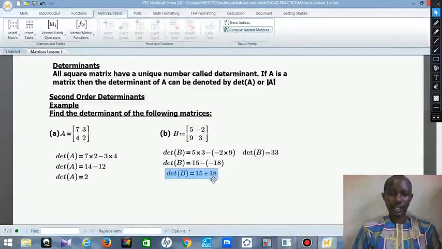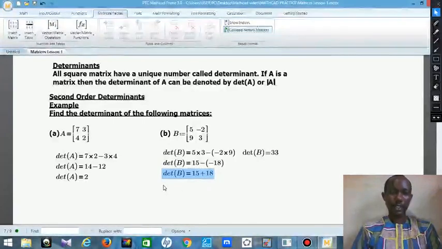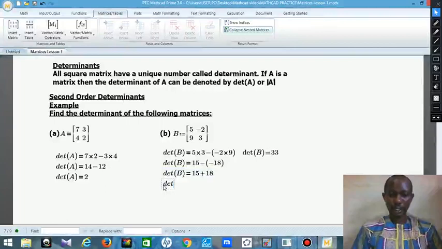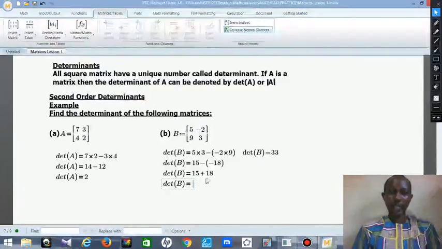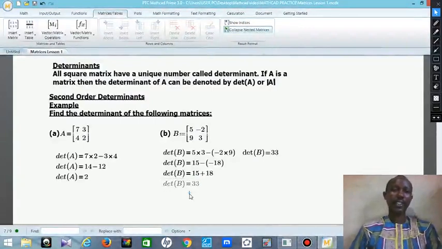Then the next thing is, you now add your numbers. 15 plus 18 is going to give us what? If you check it well, you get the same answer, 33. See, 15 plus 18, which is 5 plus 8, 3 remainder 1, 1 plus 1, 2, which is 33. You can see the answer is correct.